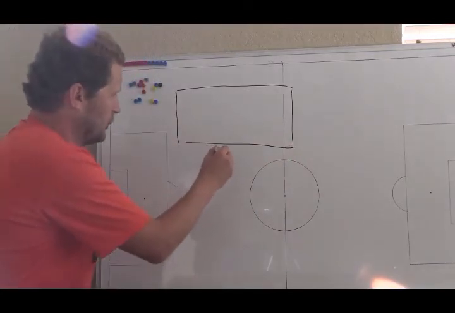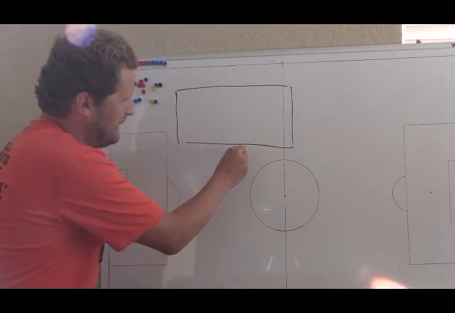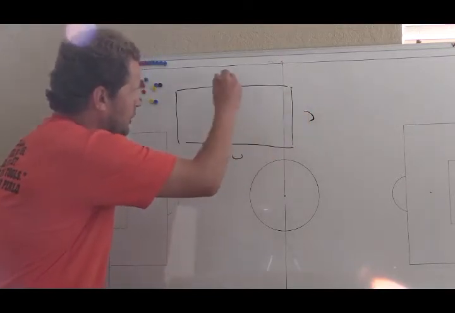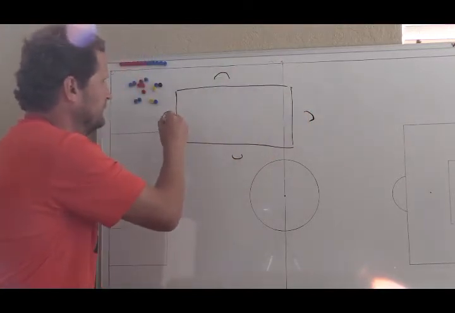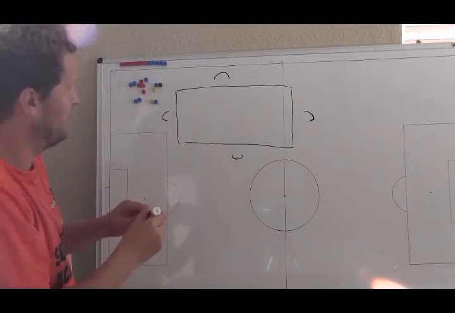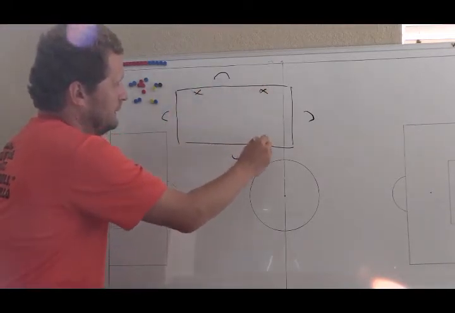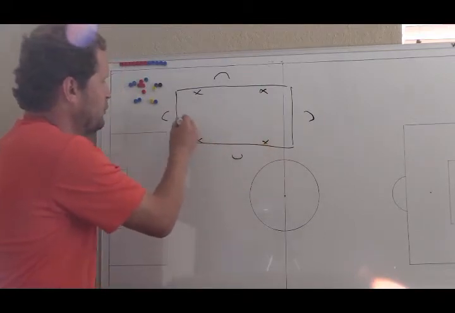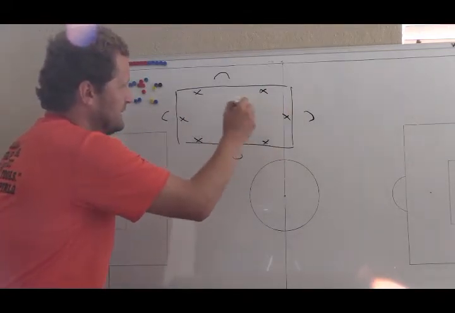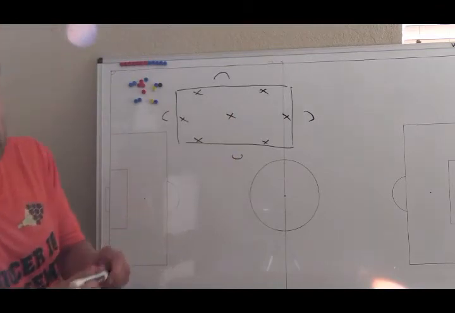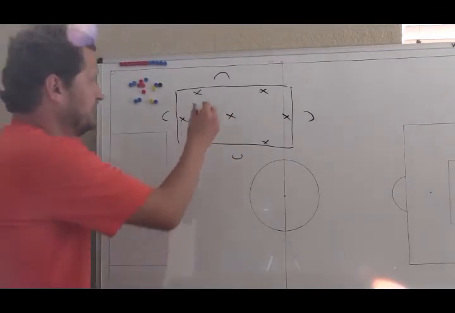And I'm just going to draw it on each side. Behind each side is going to be a small goal, can be just cones. And here we're playing 2 players on the long side, 1 player on the short side, and 1 player in the middle, against 3 monkeys.